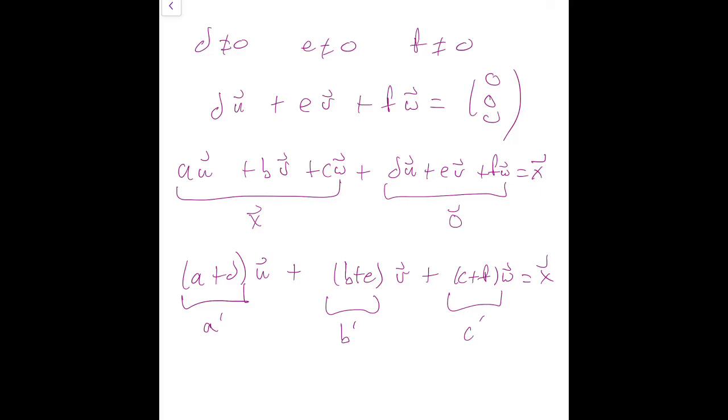If we can write 0 as a non-unique linear combination of U, V, and W, then, if there is a solution, there's a non-unique solution to AU plus BV plus CW equals X. Okay, think about what I said.